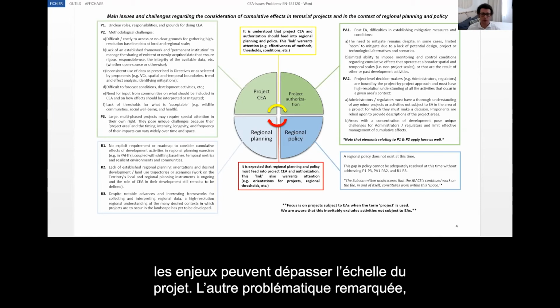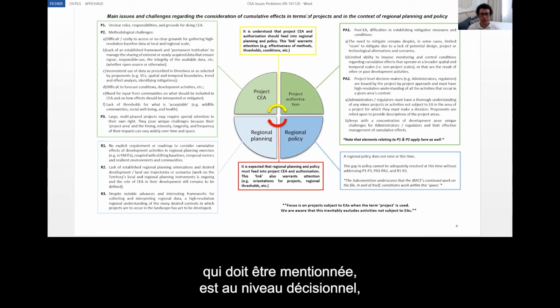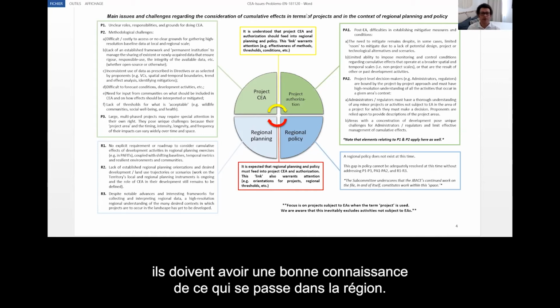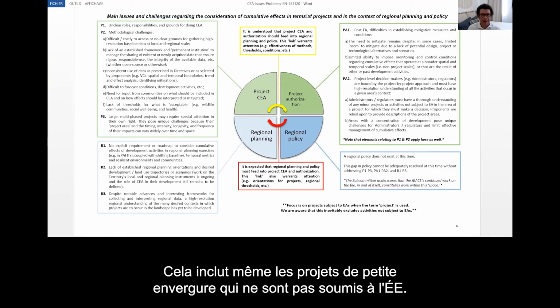The other issue that we noticed that has to be mentioned is that at the decision-making level, when we're talking about projects at the project scale, they need to have a very thorough understanding of what's going on in the area. And that includes even minor projects that are not subject to EA.